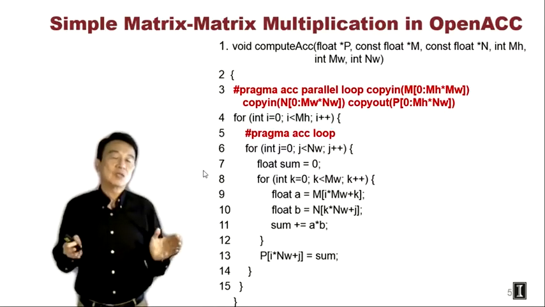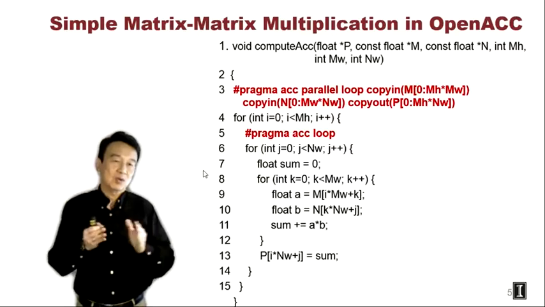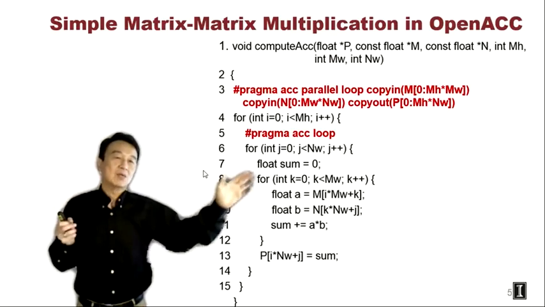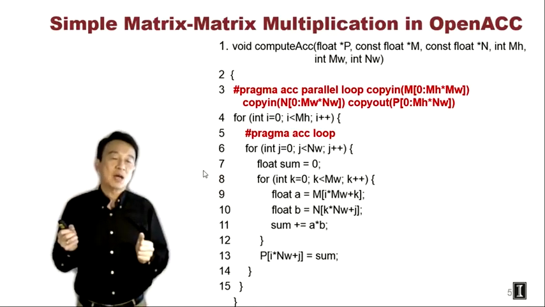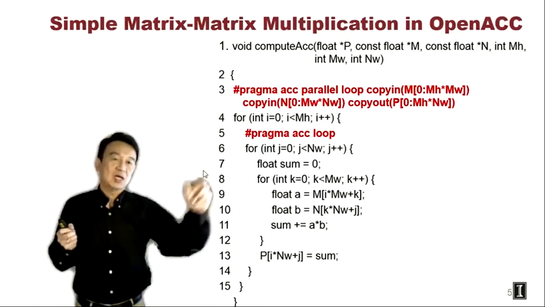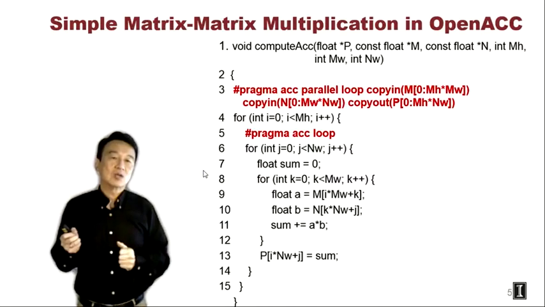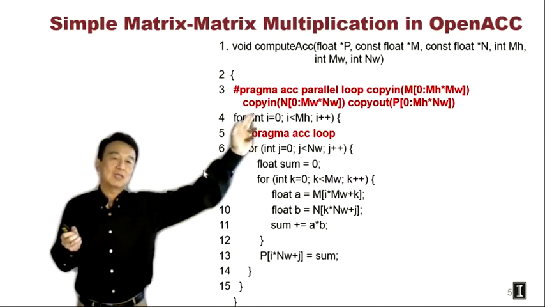So essentially, we're talking about a linearized view of the two-dimensional matrix M with Mh times Mw elements. And then we do the same thing for N. And so we are using Mw as the height of N. So we have the same statement here.